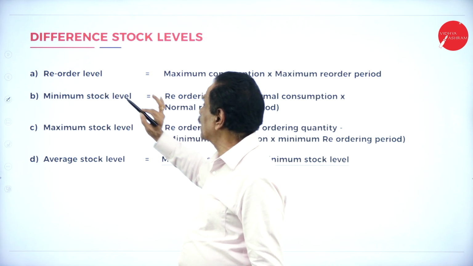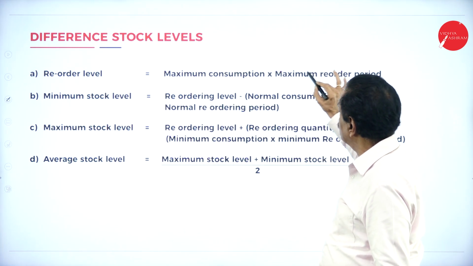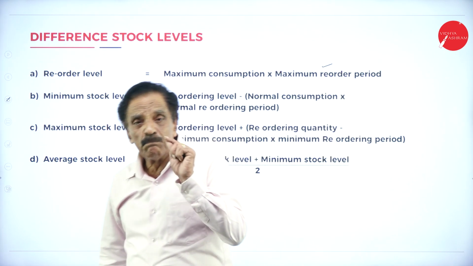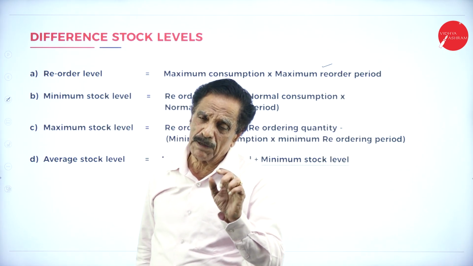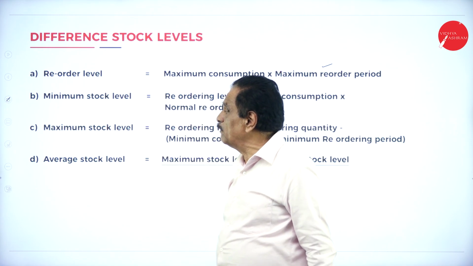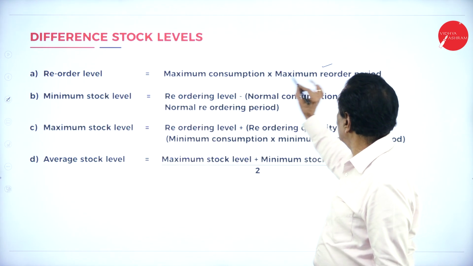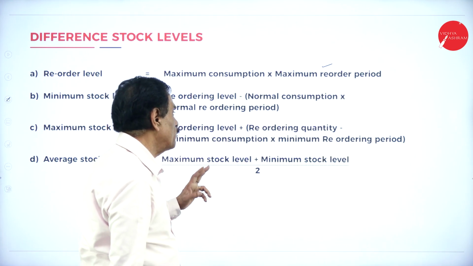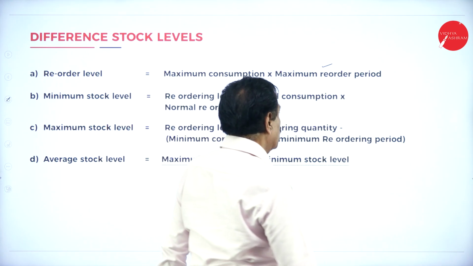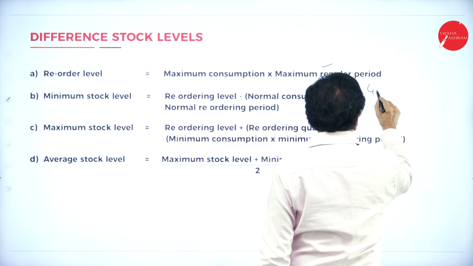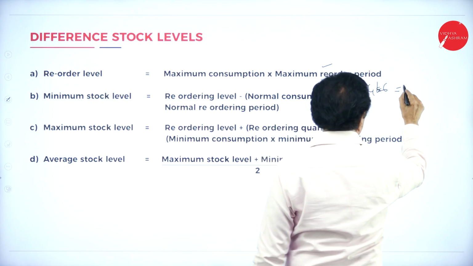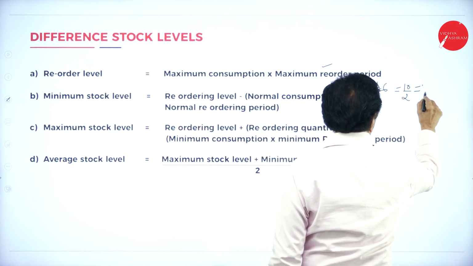First one is reorder level: maximum consumption multiplied by maximum reorder period. Minimum stock level: reorder level minus normal consumption multiplied by normal reorder period. Normal reorder period means if the order period is 4 to 6, you add 4 plus 6 is 10, divided by 2 is 5, you have to take.